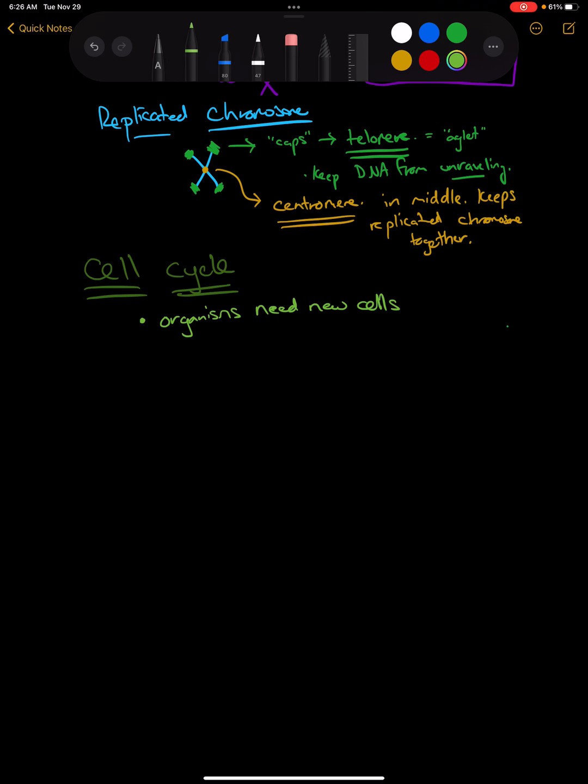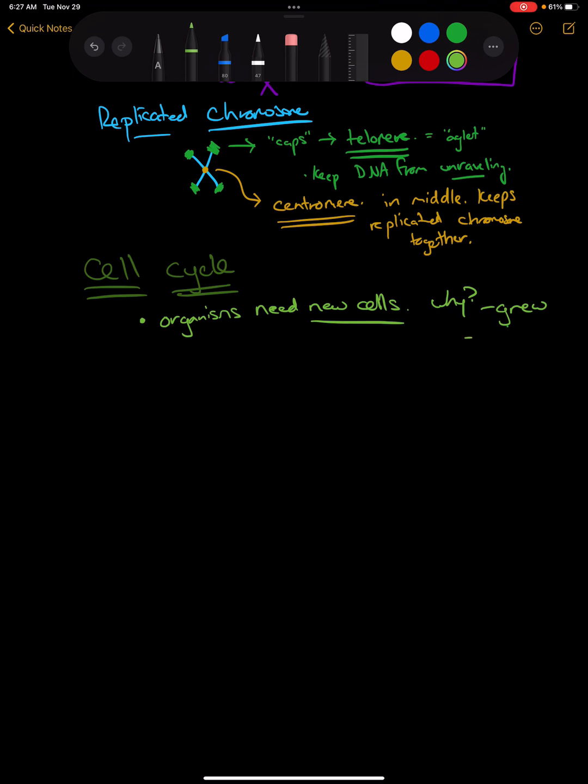Why would your body make a new cell? Well, you were a baby at some point, and now you're bigger. What did you do? You grew, right? So sometimes I need to make new cells when I want to grow my organism.